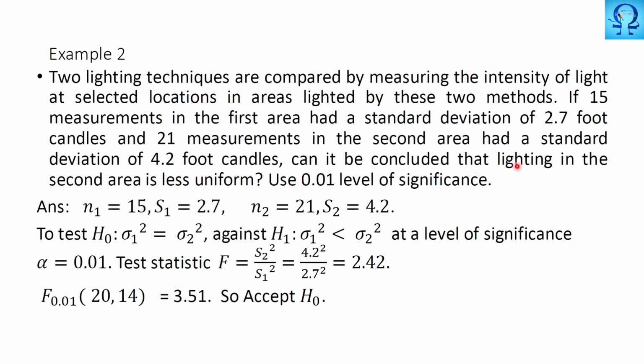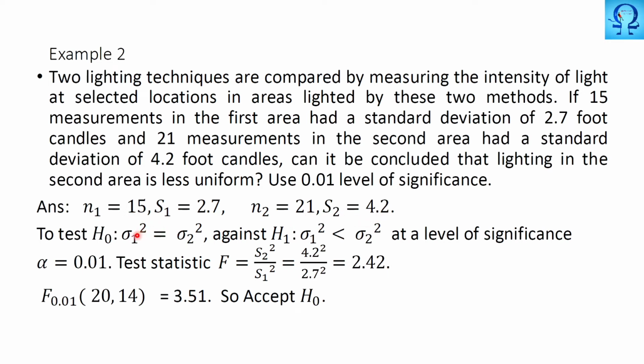Can it be concluded that the lighting in the second area is less uniform? Use this level of significance. So n1 is 15 and the sample standard deviation s1 is 2.7, and n2 is 21 and s2 is 4.2.